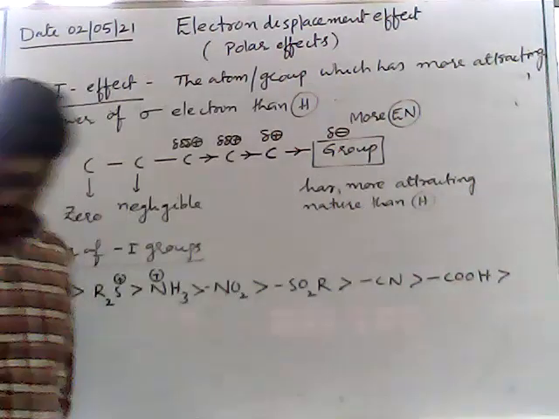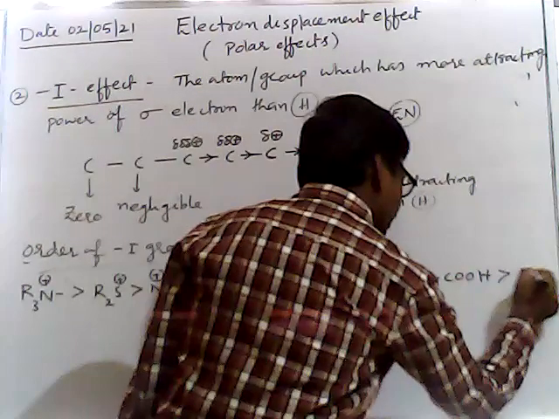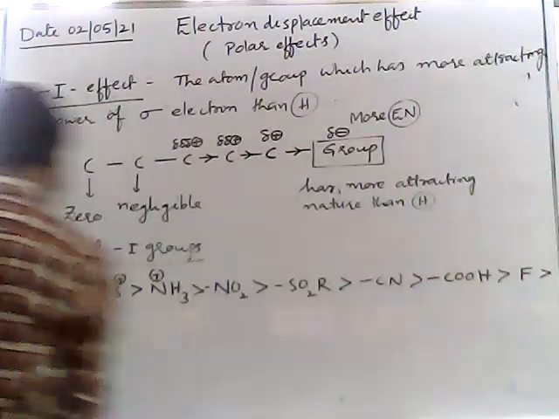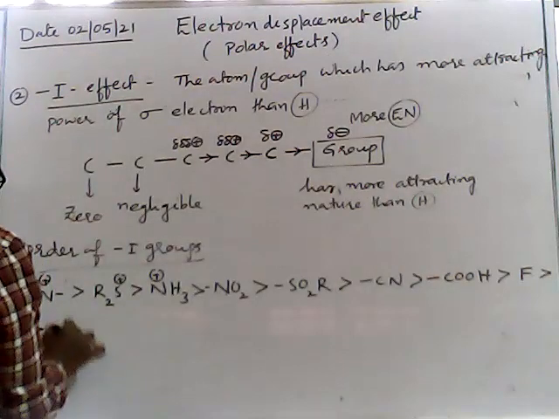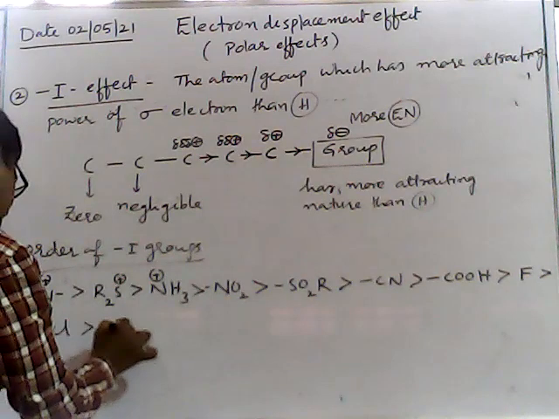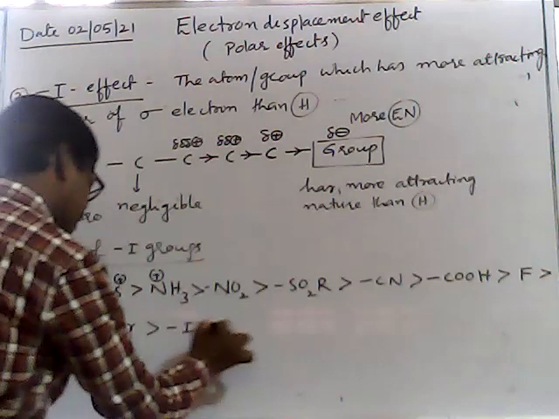Then after carboxylic acid we can write fluorine, chlorine, bromine. Here fluoride, then chlorine, meaning chloride. Then bromine I am writing here. Then iodine.